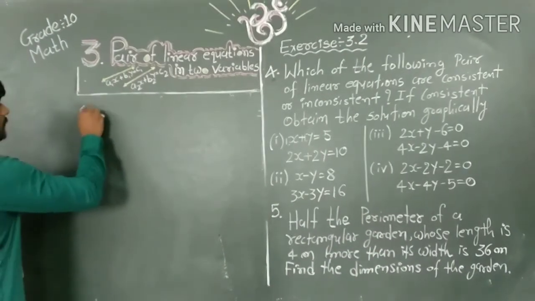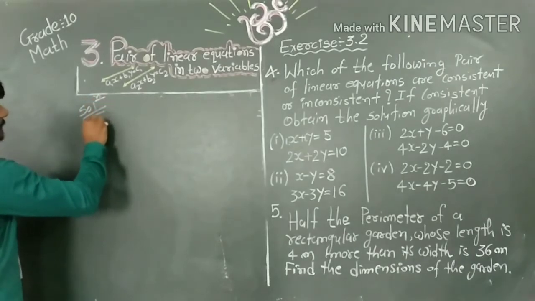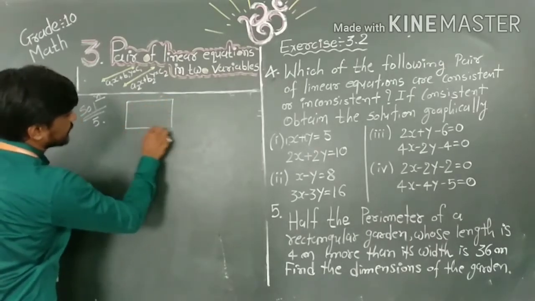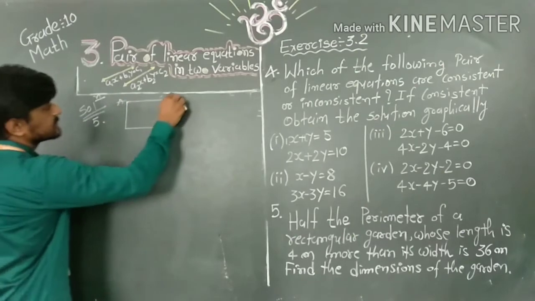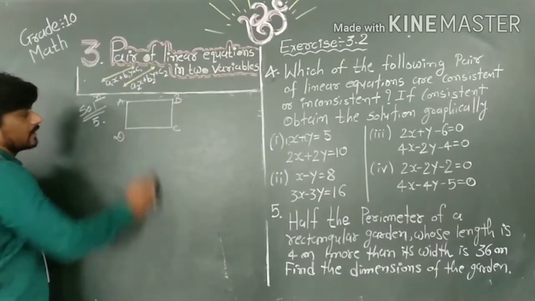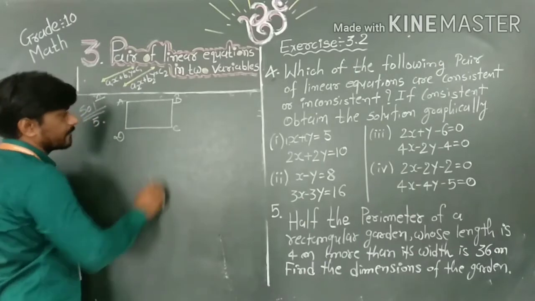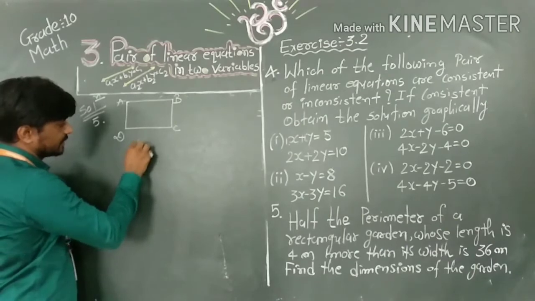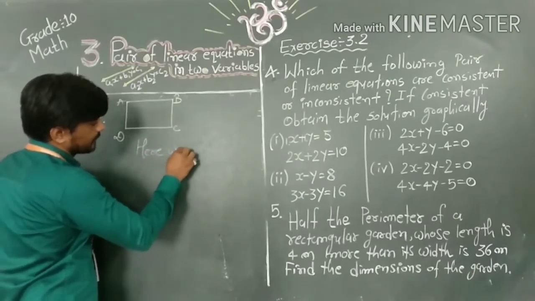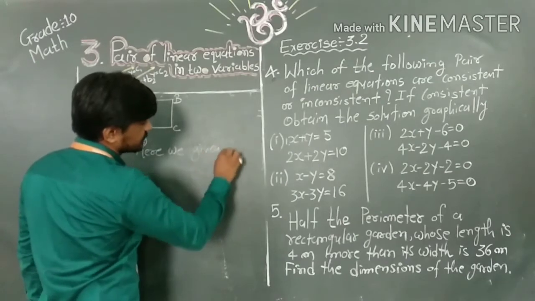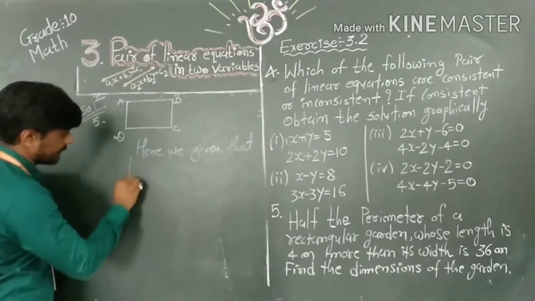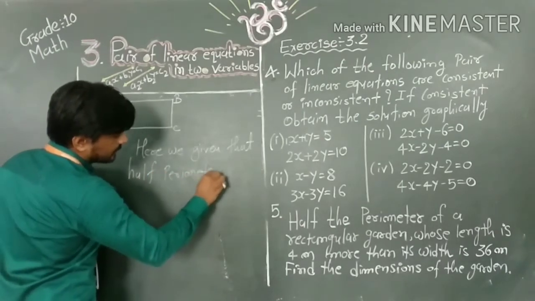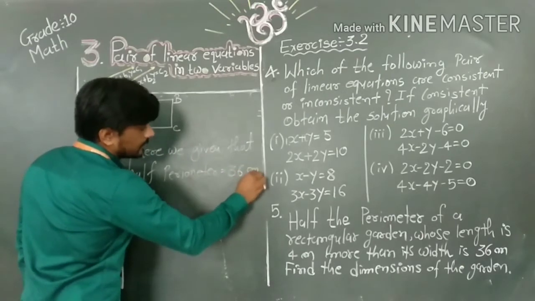So I write here the solution for example 5. Suppose I draw a rough sketch of a rectangular garden, A, B, C, D. Here we are given that half perimeter is equal to 36 meter.